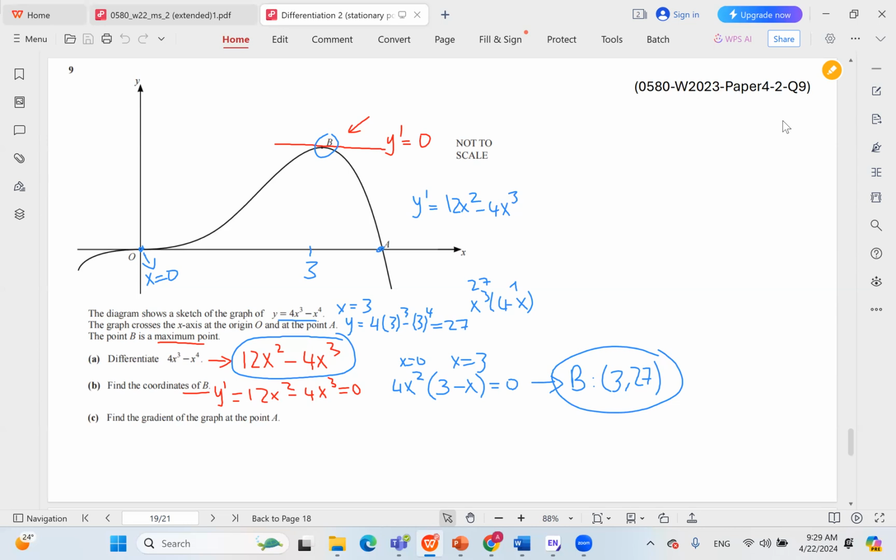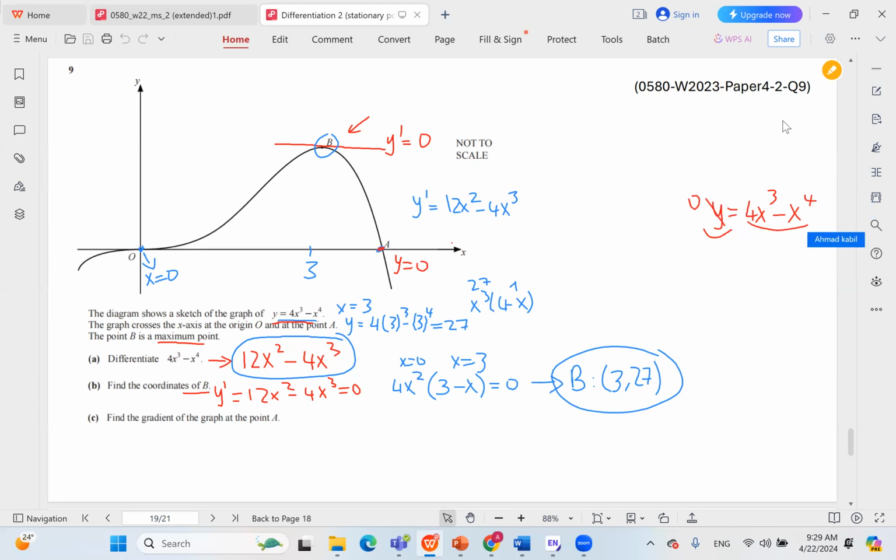What is the value of x at A? So this is obtained from using logic. So since here at A, y equals 0, we can plug in y equals 0 and find the value of x. So let me just write it further away, so I have some space. So y equals 4x power 3 minus x power 4, and we just said that y is equal to 0.